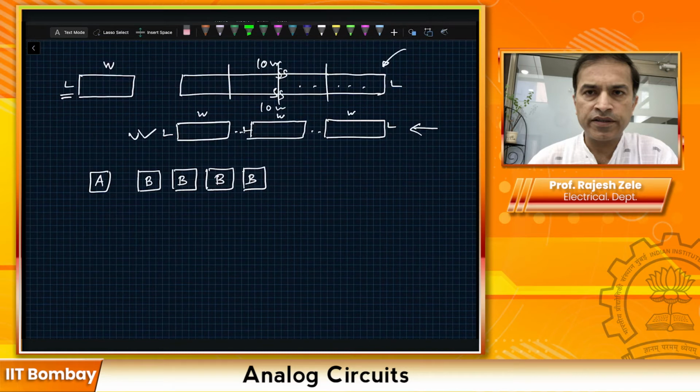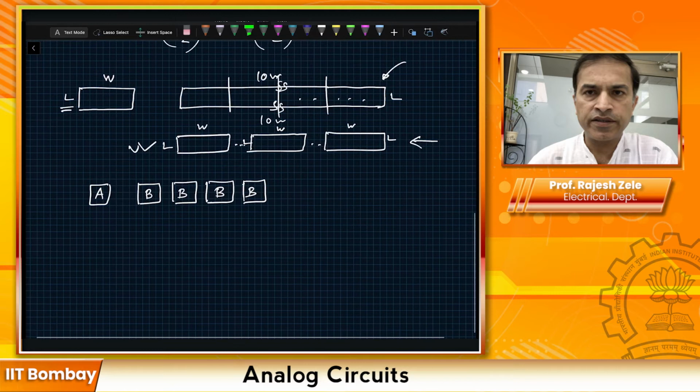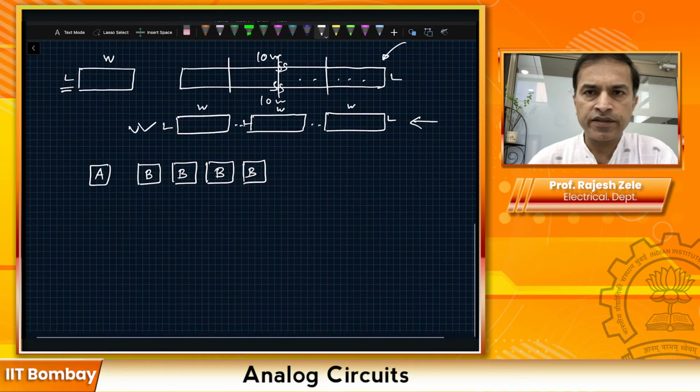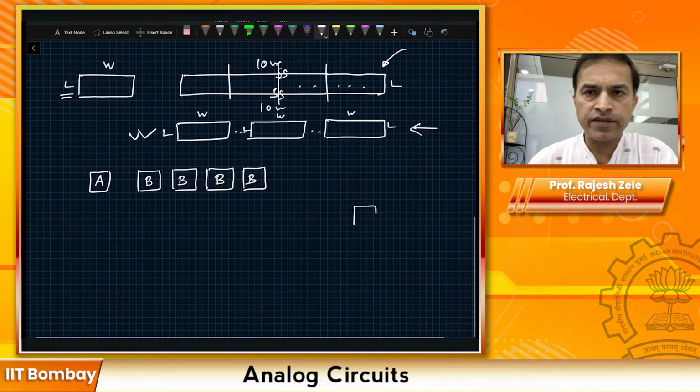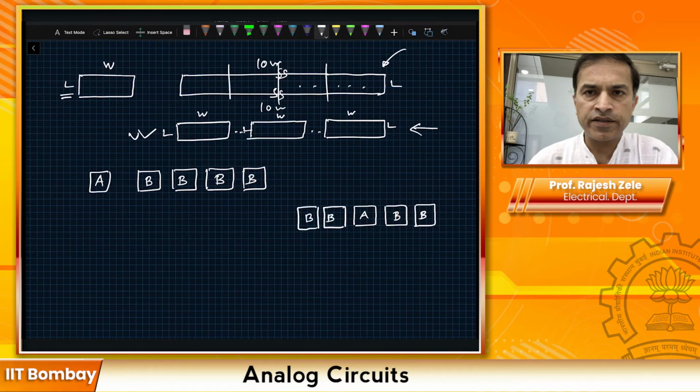In this particular class, we are not going to do any layout, but it's good to understand what's really going on. So when you lay this transistor out, it's better to lay it out this way. Let's say this is A. Then one way would be to draw this B on one side, and then you would draw the other B's on this side. So then you would get pretty good matching, because the common centroid of B transistors and A transistor is the same.